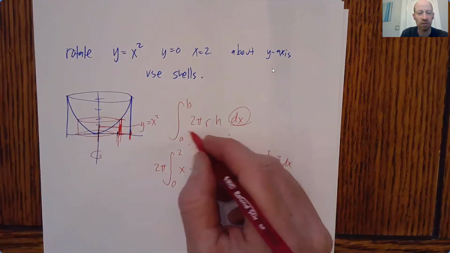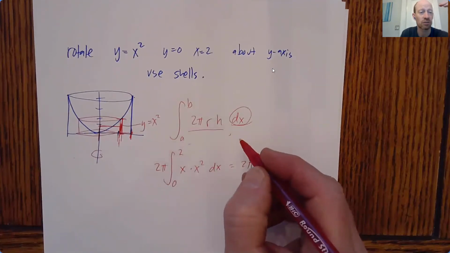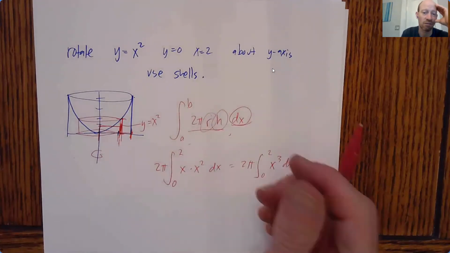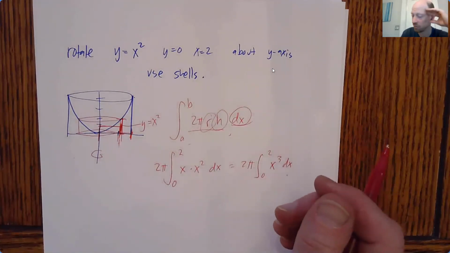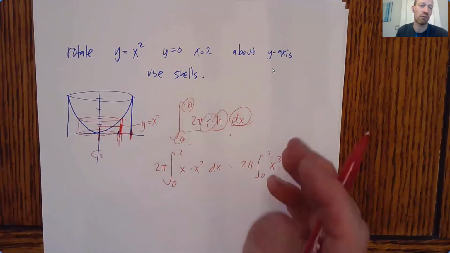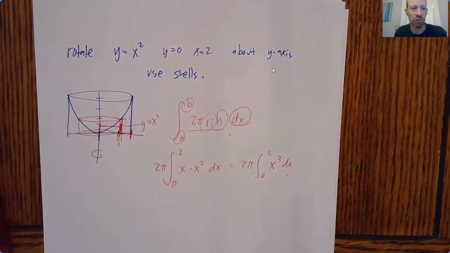Am I putting in the right formula for washers or for shells? And then how am I finding expressions for these parts? So you should know the formulas or write them down in your notes. And then it really just comes down to putting the right expressions into the right places.